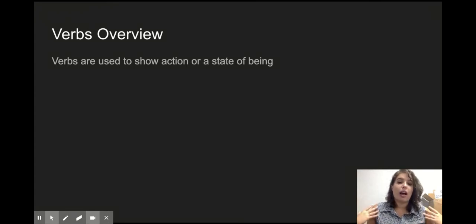So in English, we have the verb am or is or are, depending on who it is. You use this to describe someone, how they're feeling, what they're like. So I am happy. That am verb is not really showing an action, it's that state of being. And Latin does this as well.